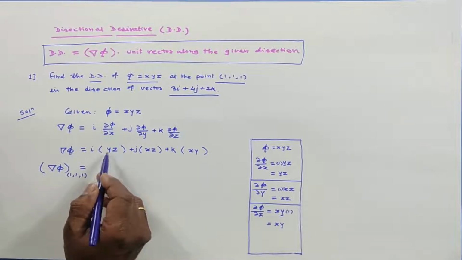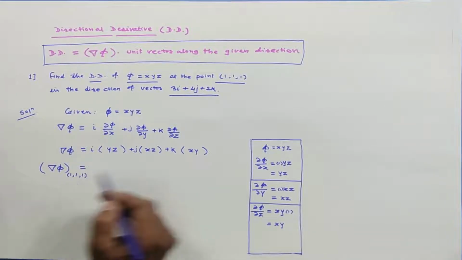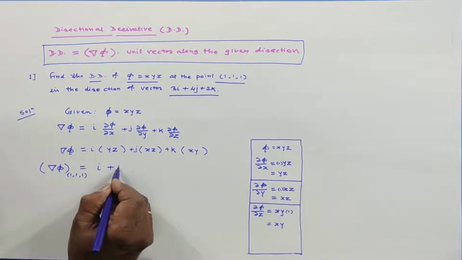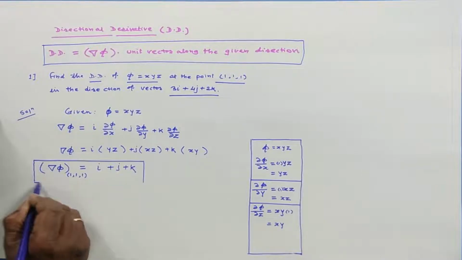Then I get i plus j plus k. So this is the gradient of phi we found.